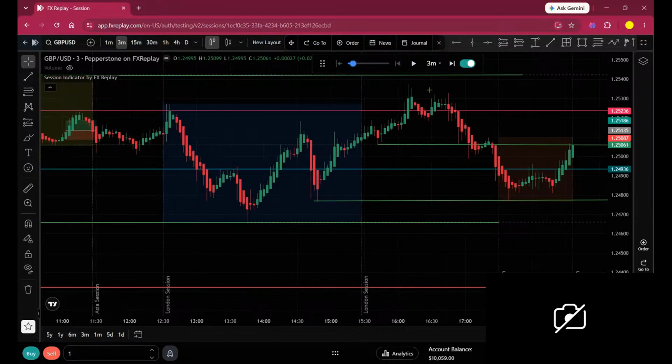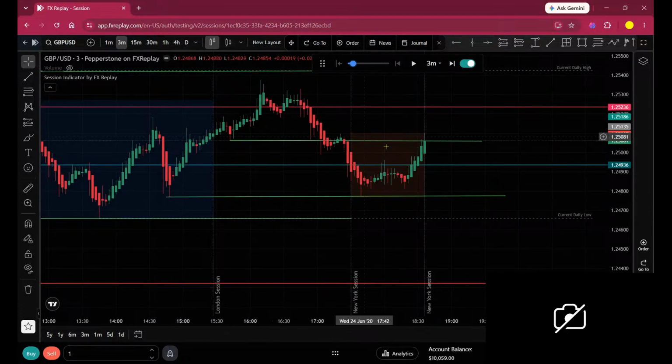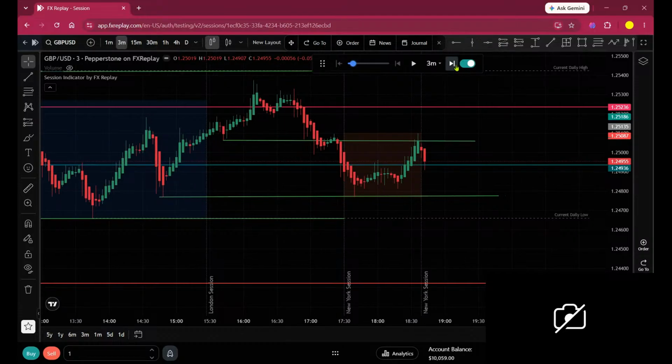Now go to the lower timeframe, and if there is a bearish candle, then I will prefer to go for the sell side. See here, right? It swept this liquidity and now here, so you can prefer to go for the sell side. Also, right now we have 6:42, and let's go for sell.